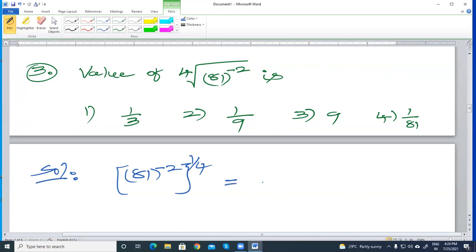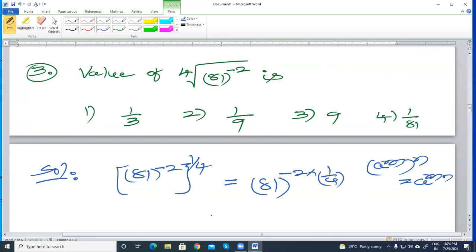So now this is like a power m whole to the power of n is equal to a to the power of mn. So this is 81 whole to the power of minus 2 into 1 by 4. So now this is nothing but 81 whole to the power of, 2 times we can cancel, minus 1 by 2.